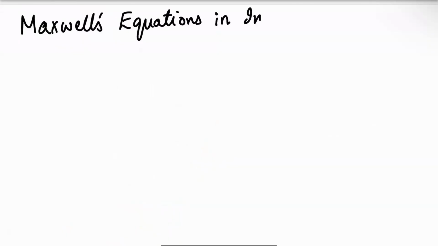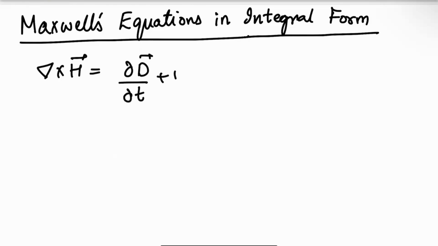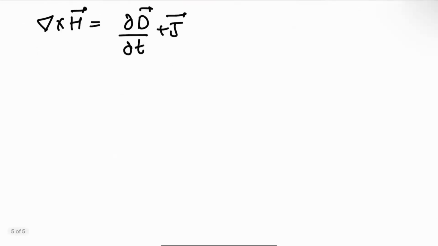Let's look at this in integral form. Okay, so we have curl of H, once again, that's J plus dD/dt, and that is your modified Ampere's law.